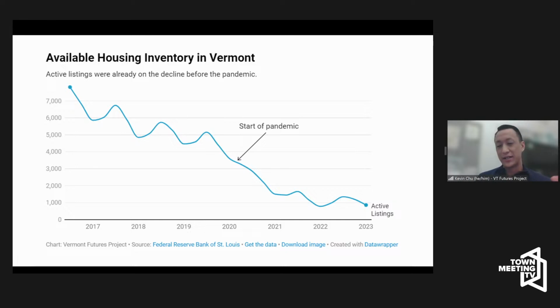I hear sometimes this idea that the pandemic has caused this acute housing shortage we're experiencing in Vermont, but that's not the case. We saw a 50% decline in active listings between 2016 and 2020 before the pandemic. And then COVID just accelerated a trend that was already underway. Much like many other things, COVID just added gas to the fire.